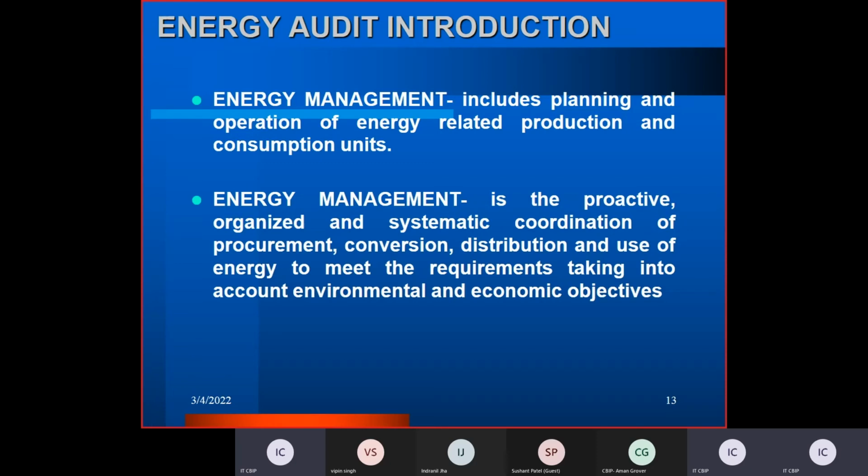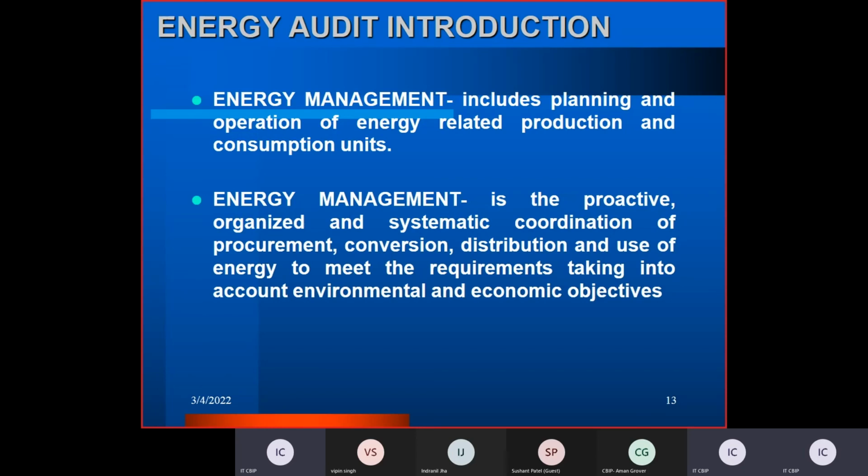So the purpose of the production engineer is not only to see that 100 units are produced, but also to see what my planning is related to the operation of the energy or fuel. Energy here means fuel and electricity both, not only the electricity. That means energy management includes planning and operation of energy related production and consumption units.